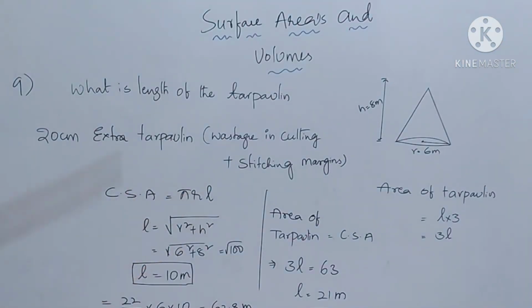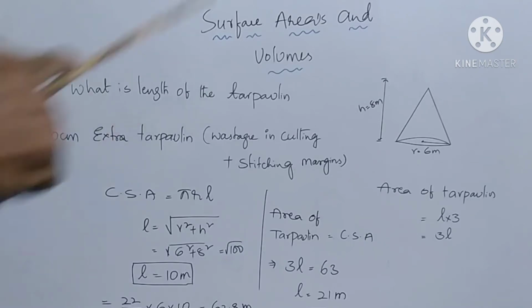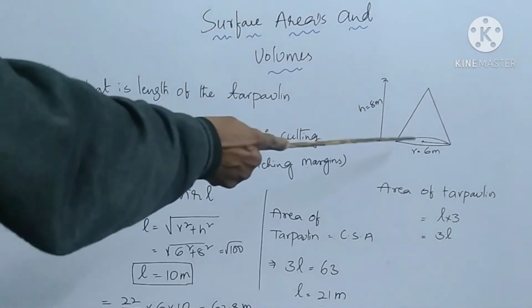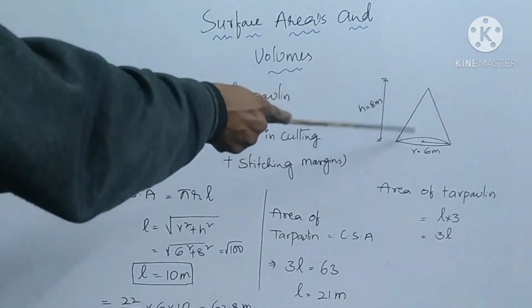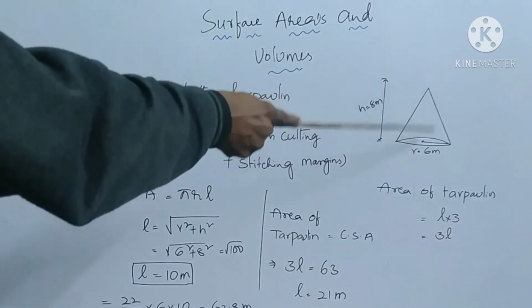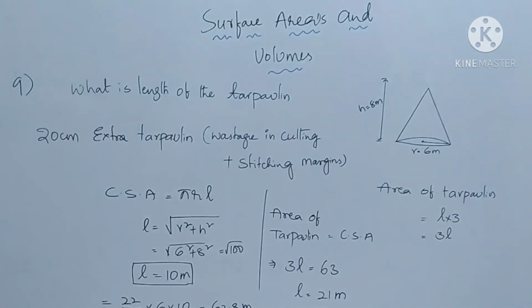This tarpaulin is used for making the conical tent of height 8 meters. This is the vertical height, not the slant height. The height of the conical tent is 8 meters and the base radius is 6 meters. Assume that the extra length of material required for stitching margins and wastage in cutting is approximately 20 centimeters.